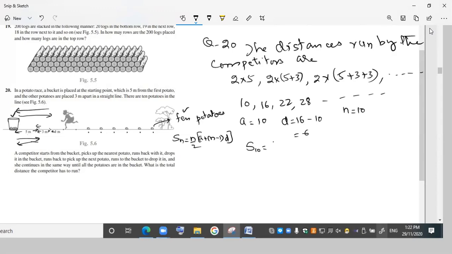So 10 by 2, the number of terms is 10, 10 by 2. 2 into the first term, which is 10, plus the number of terms 10 minus 1, the common difference is 6. 10 by 2 is 5. 2 tens are 20. 10 minus 1 is 9, 6 nines are 54.